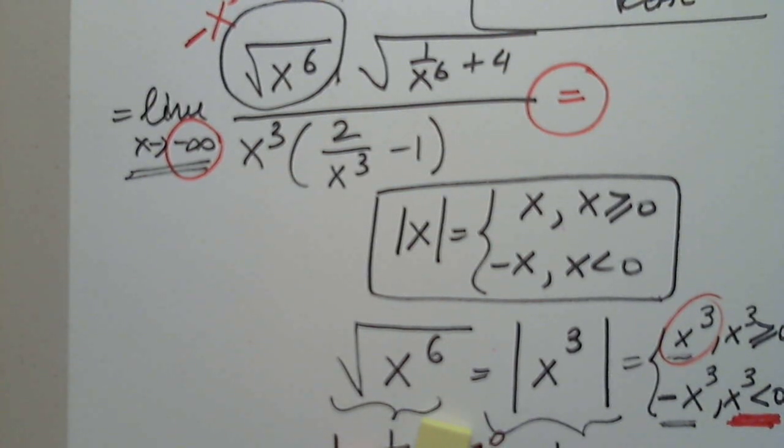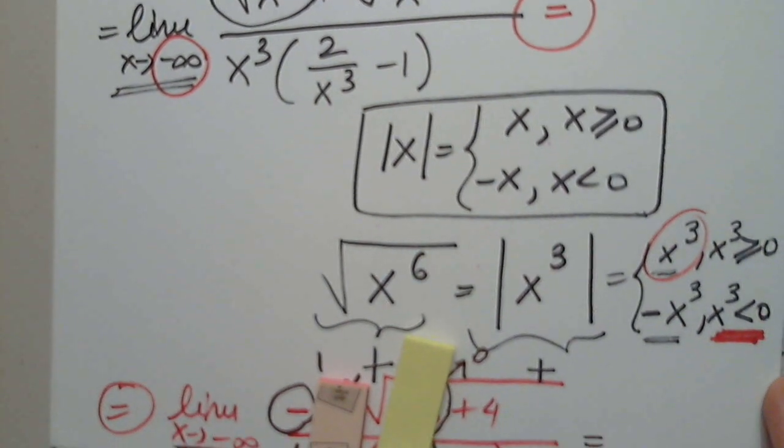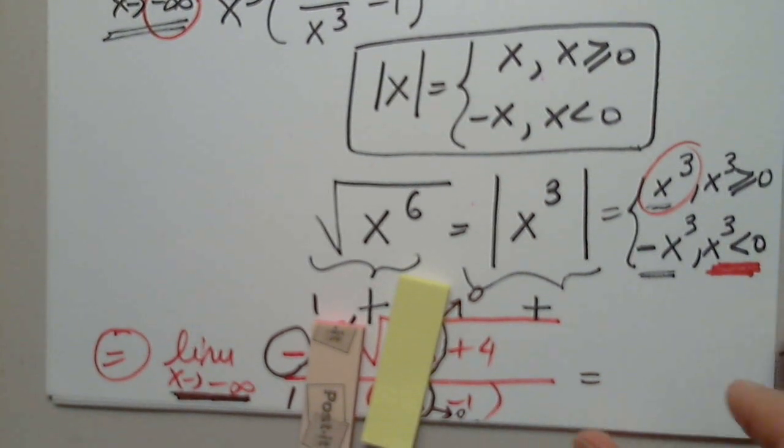So therefore, the answer is... What's on -2? So there is a negative that will kill this negative. Okay, and we have the square root of 4.